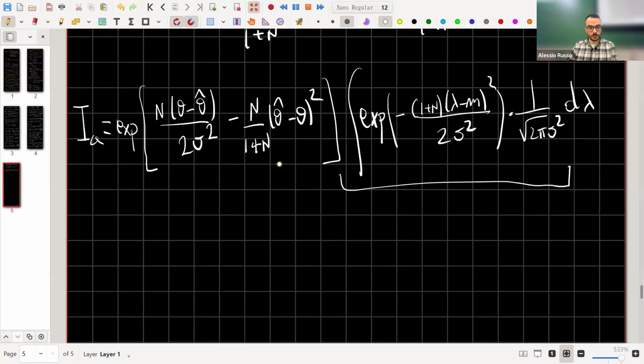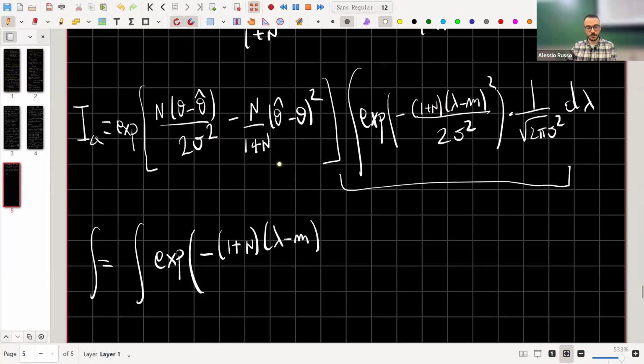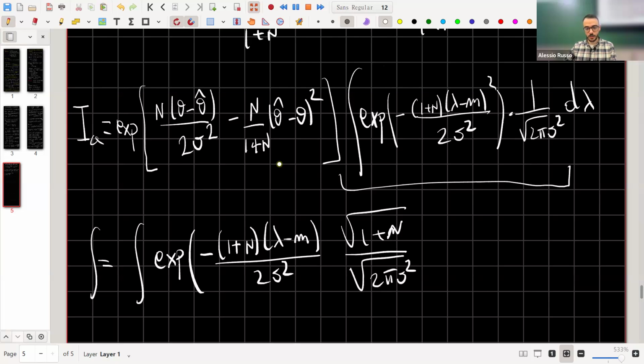So this integral becomes integral of exponential minus 1 plus n lambda minus m divided by 2 sigma squared. And here we make the 1 plus n appear. The lambda that multiplies 1 over square root of 1 plus n.